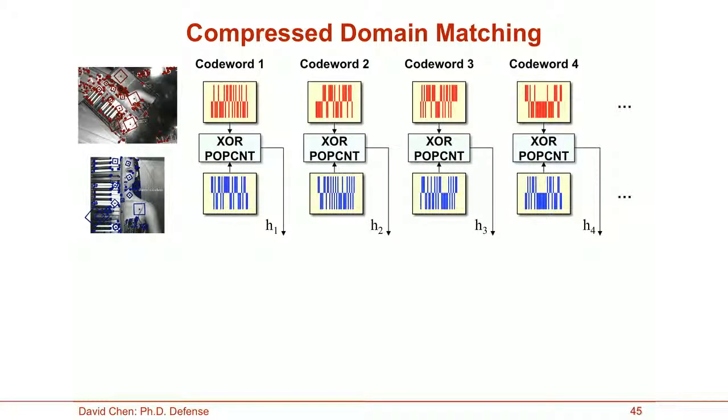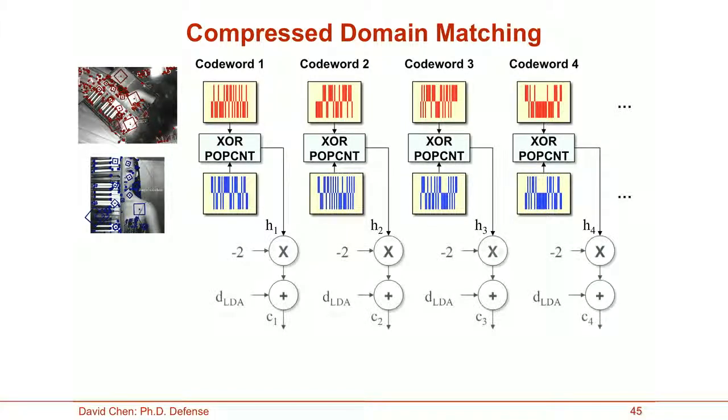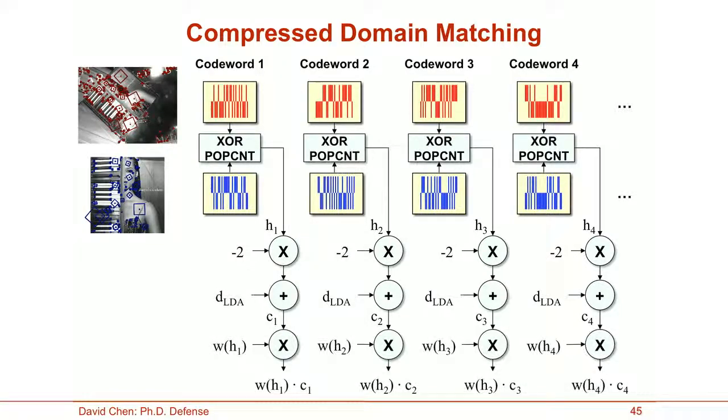The binary signatures can also be compared directly in the compressed domain using XOR and pop count instructions, resulting in a set of Hamming distances. The Hamming distances can be equivalently converted into correlation values. The correlation values can be weighted, and finally, the weighted correlation values can be added together to form the overall image similarity measure.